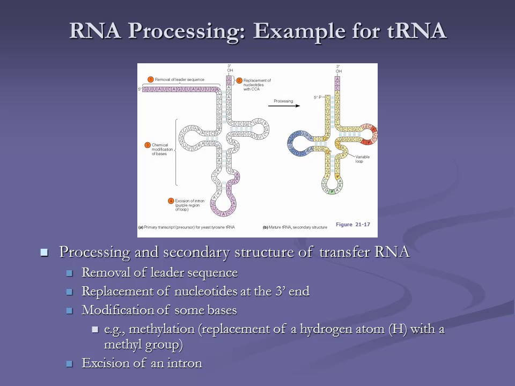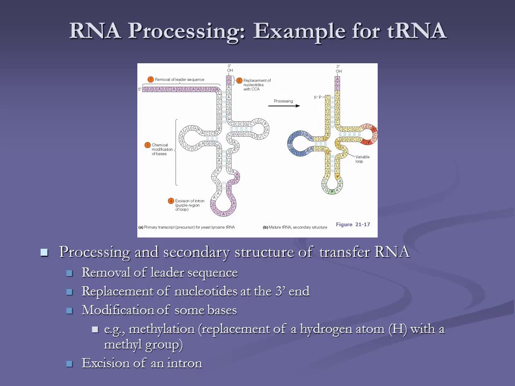We're also going to have some nucleotides that undergo a process called methylation. And so we're going to replace a hydrogen with a methyl group. Again, that's going to prevent some nucleases, these exonucleases, from being able to come in, recognize the end of our nucleic acid strand, and degrade it.